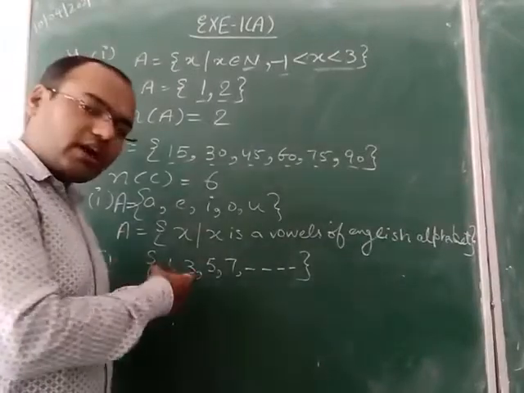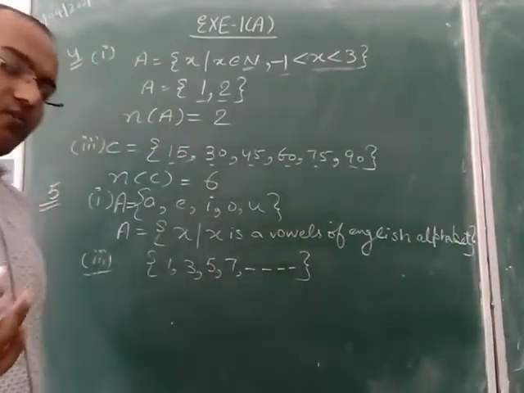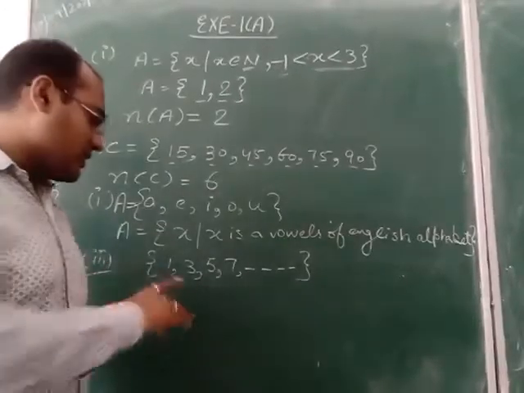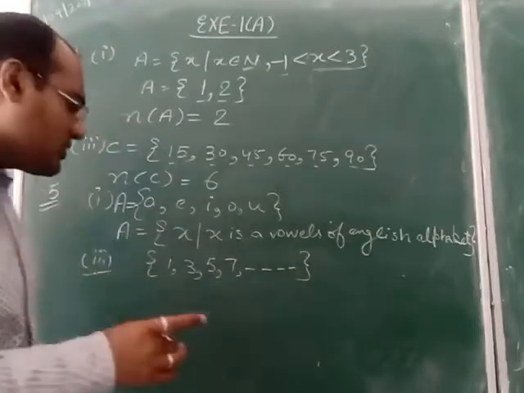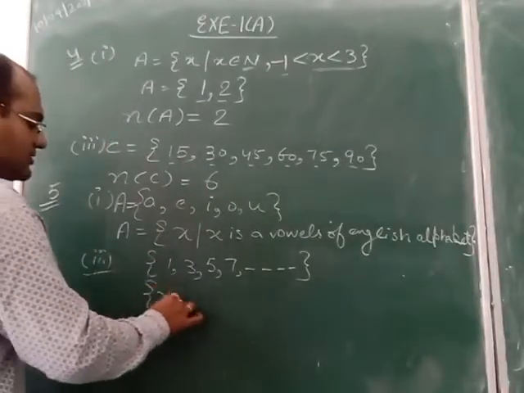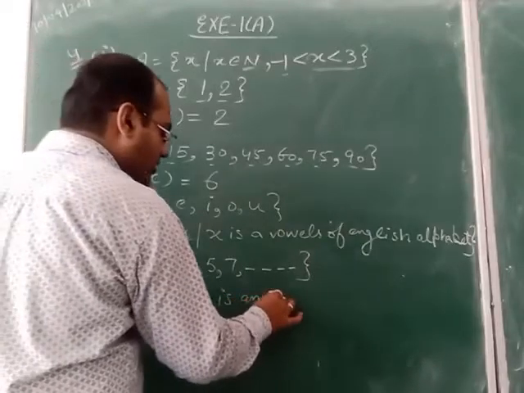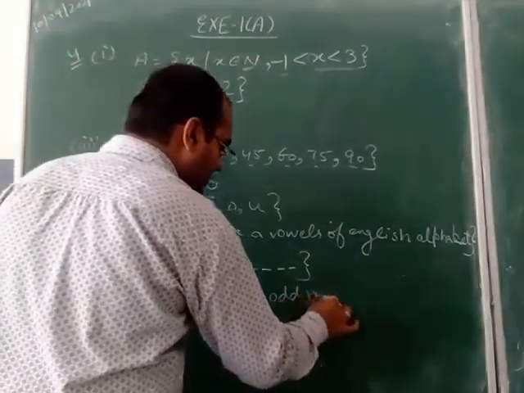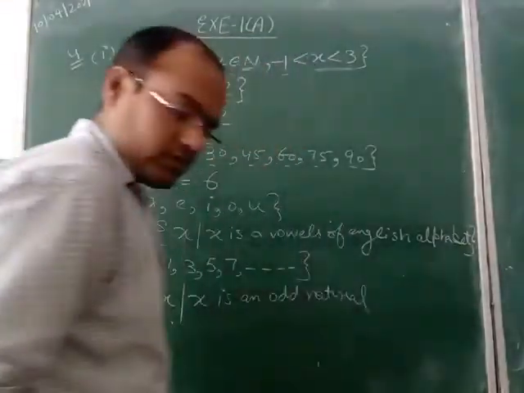That means these all are odd numbers, and starting from 1 means natural numbers. These are odd and starting from 1, so that means natural. So we will say x such that x is an odd natural number.